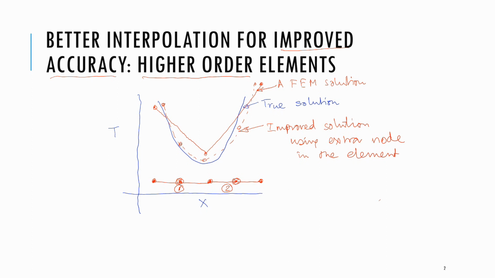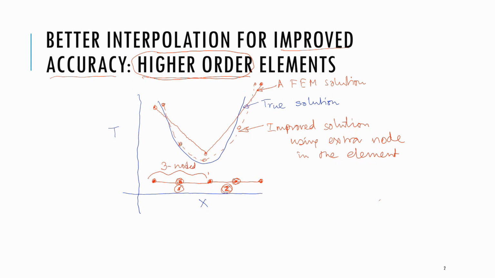So the extra node in the element makes it what we are calling a higher order element. We'll see how we do it. So just remember that we are not adding elements. We have the same number of elements, 1 and 2, but now it's a 3-noded element.